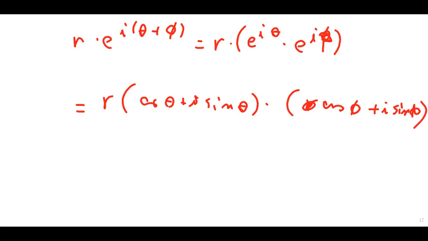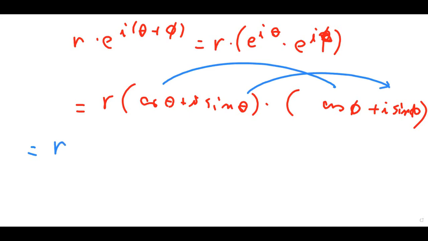So you try to extend it. You will get here the real portion. The real part of it is this one times this one and this one times this one.